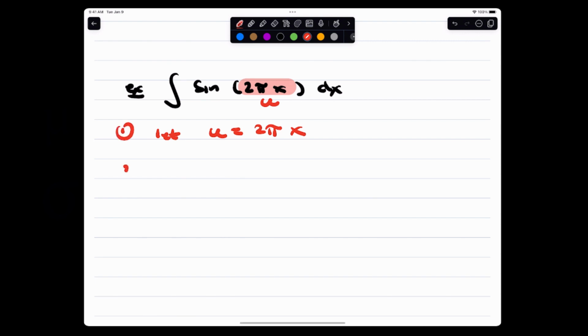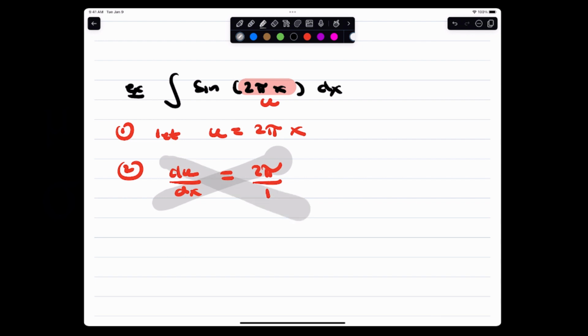What's the second step? Do you guys remember? du dx is what? What's that derivative? Isn't it 2 pi? And write this as a proportion, right? Equal ratios. So you might say, why do I do that? Because you're going to do cross multiplication because you got to solve for dx.